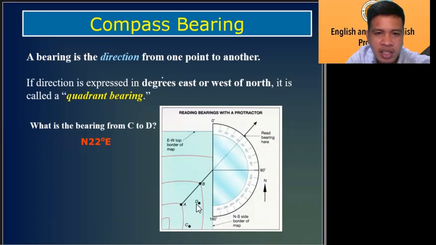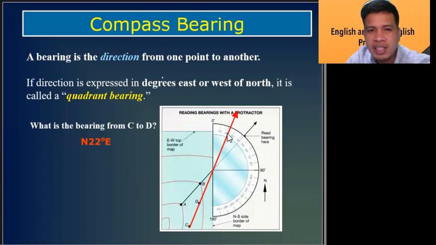If you count on the protractor from C to D, that is 22 degrees east. We call that a quadrant bearing.